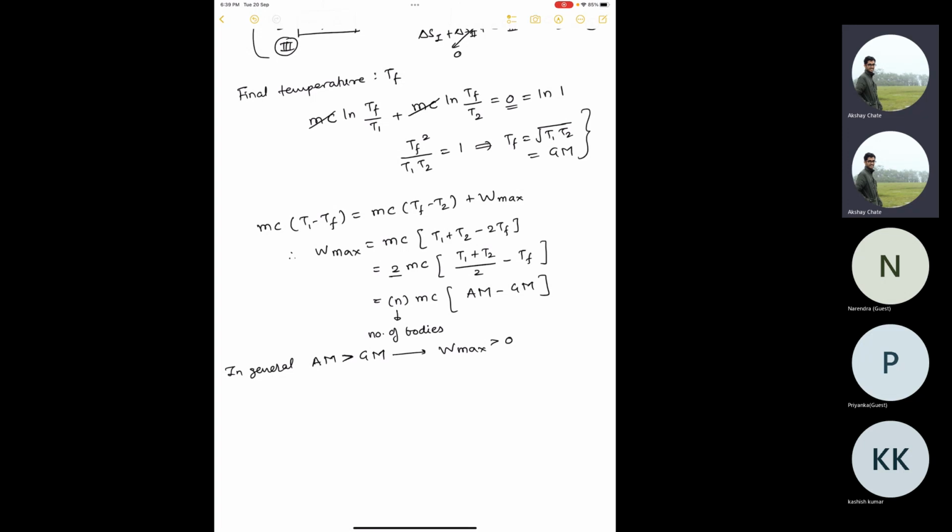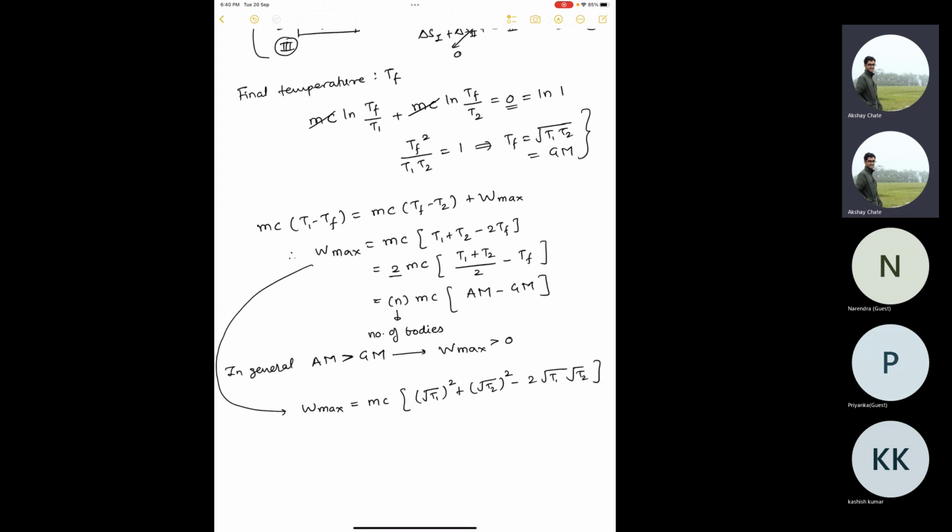Some people will go ahead and modify this maximum work done formula also. I don't think it's required, but just for competitive exams, if you want to remember, you can write this thing as MC into (root T1 squared plus root T2 squared minus 2 root T1 into root T2).